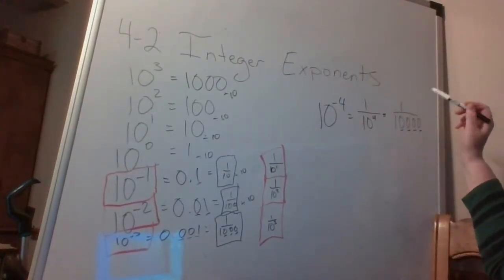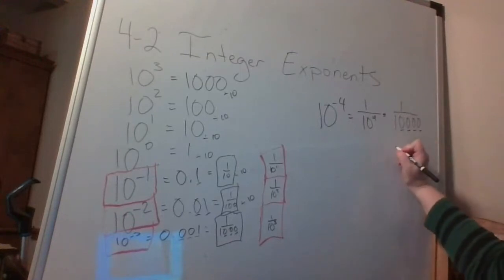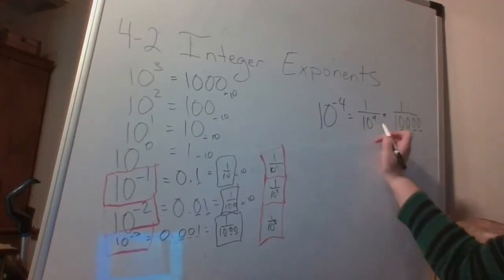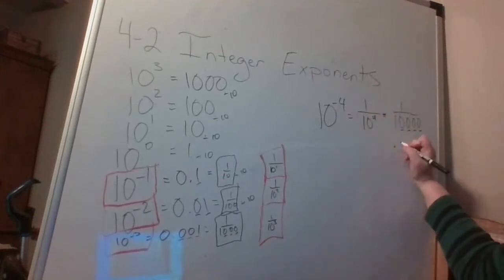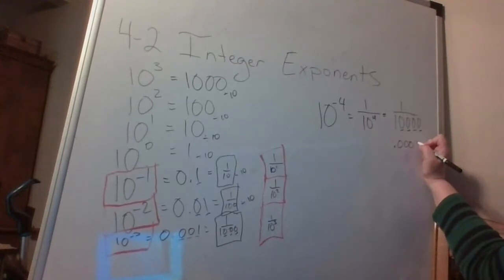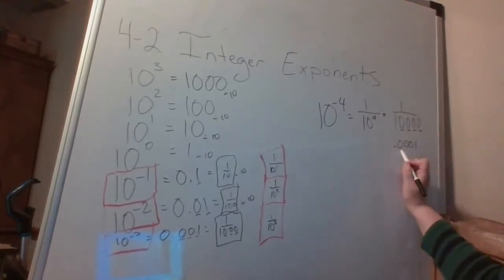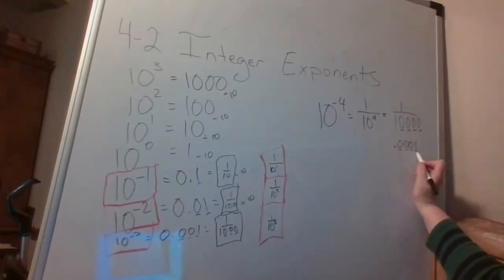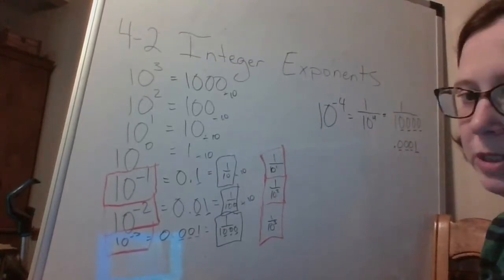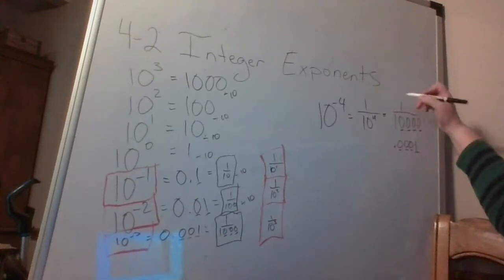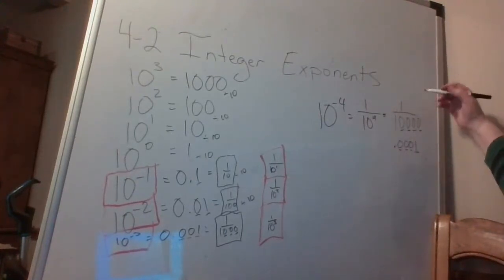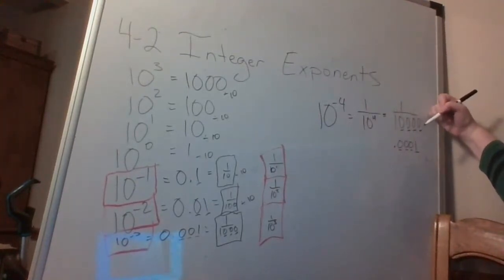If we want to write this in decimal form, when we have that exponent of 4, remember that we need to have 4 decimal places, and our final one would be the 1 from the 10. So we would have 1 10,000th, which is the same as this fraction, 1 10,000th.